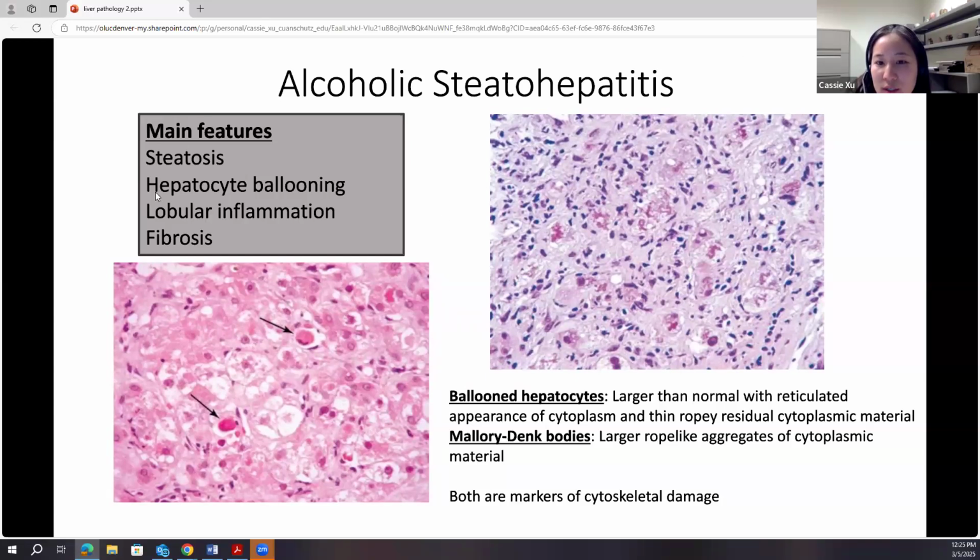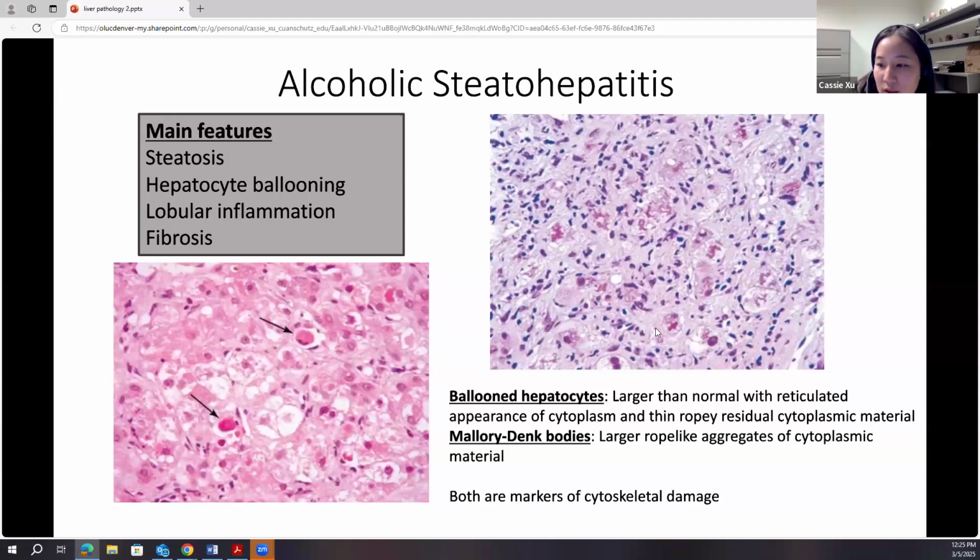We talked about steatosis, so now hepatocyte ballooning. These are hepatocytes that look way larger than normal. The cytoplasm looks more cleared out or more white, and then you have these thin fibrils, or in some areas thick fibrils, called Mallory-Denk bodies. These are just aggregates of cytoplasmic material.